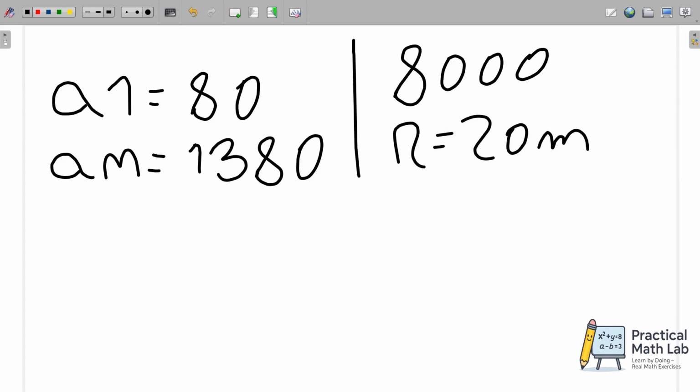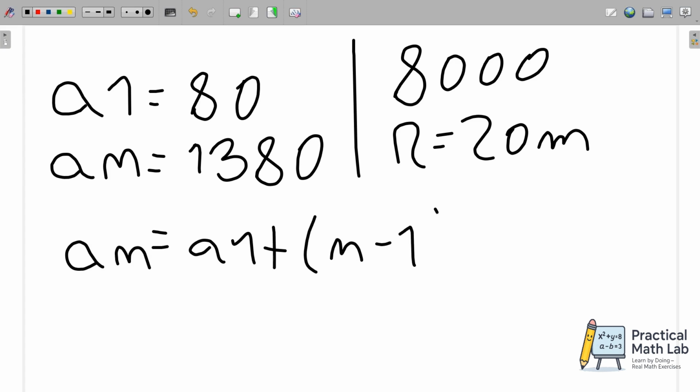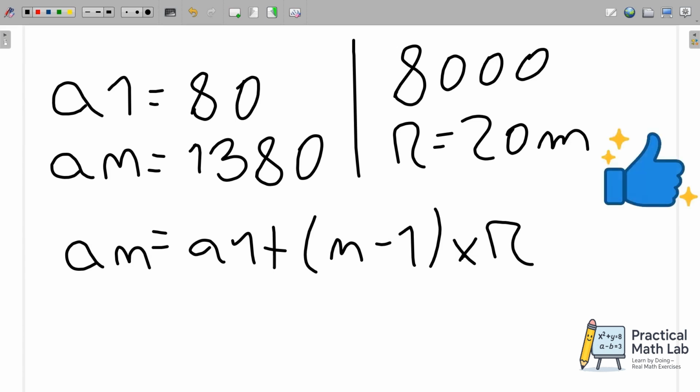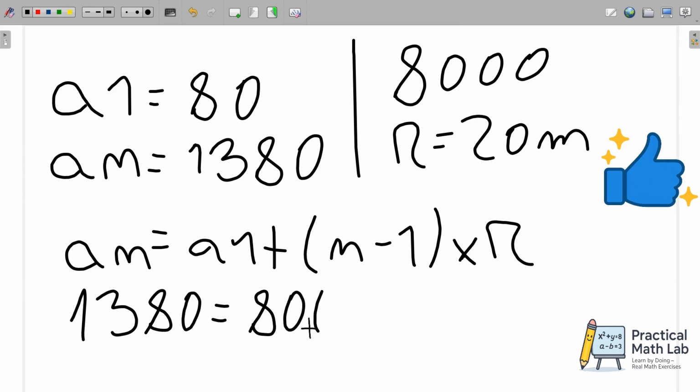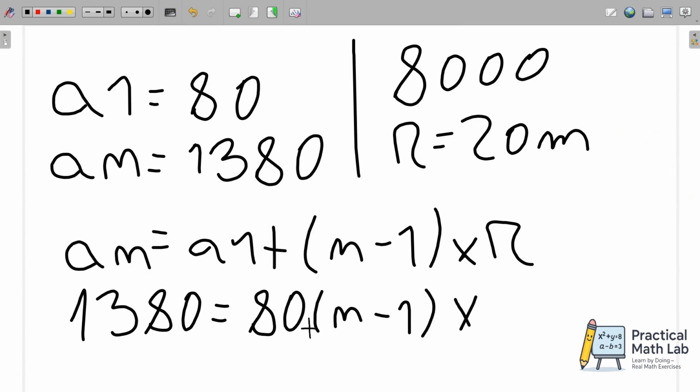Well, we've identified an arithmetic progression here, whose formula is an equals a1 plus n minus 1 times the common difference. Let's substitute the values now. 1,380 equals 80 plus n minus 1 times the common difference, which is 20.